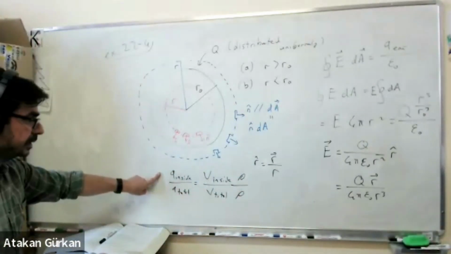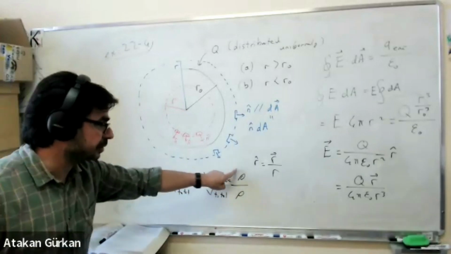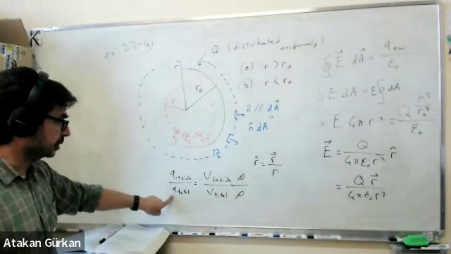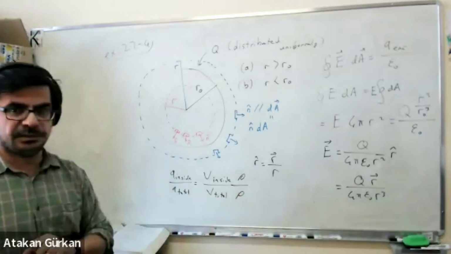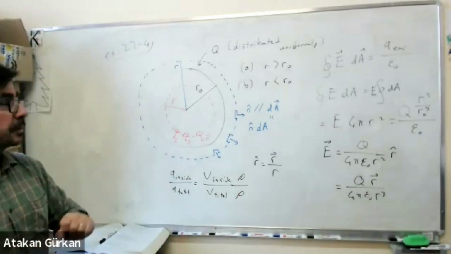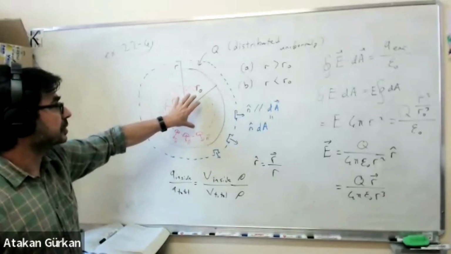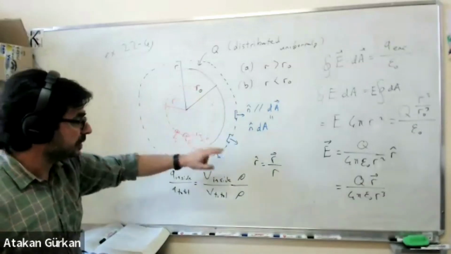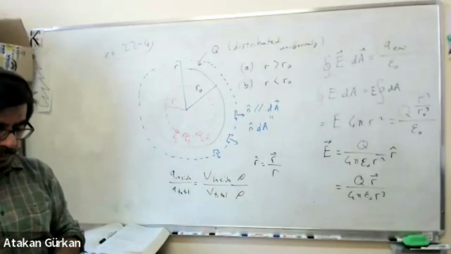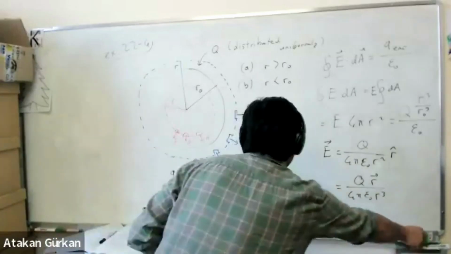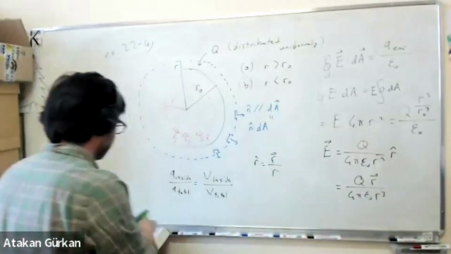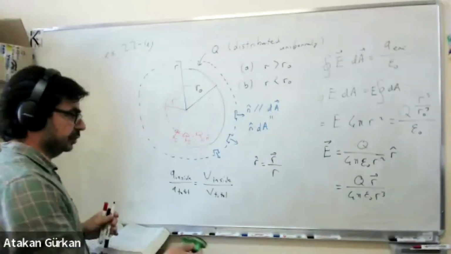Q inside is nothing but the volume inside times the charge density, and total charge is nothing but the total volume times the charge density. Both for the total volume and for the sphere that I'm considering, I have a single uniform charge density. So what I do is cancel these out, and I say that the ratio of the charges is just the ratio of the volumes.